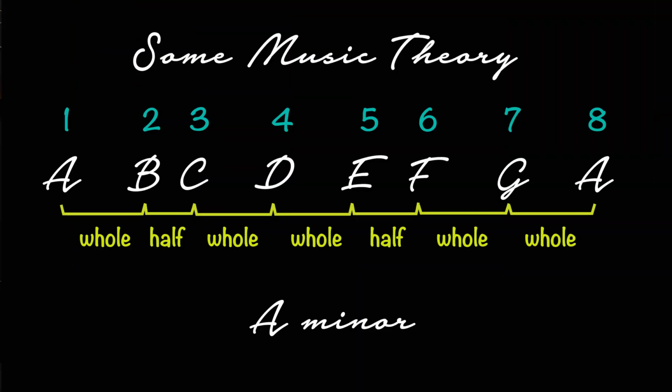When we look at the formula for a minor scale, what we actually see is whole, half, whole, half, whole, where a whole step is going to be 2 frets again, and a half step is going to be a single fret on the guitar. We're laying it out here in the graphic to show an A minor scale. Here are the notes in the A minor, as well as their relative note position 1 through 8.